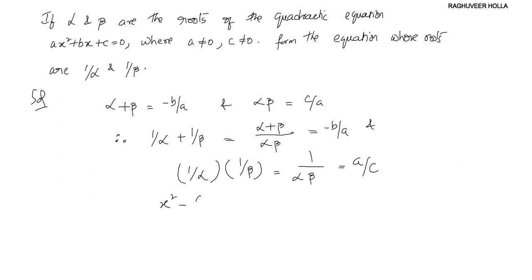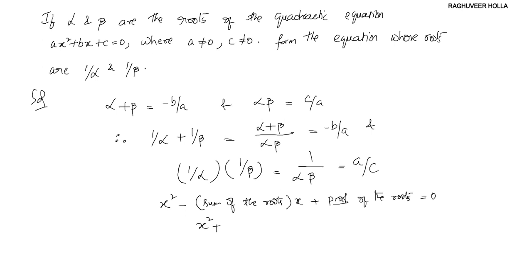The required equation is x squared minus the sum of the roots times x plus the product of the roots, which is equal to 0.